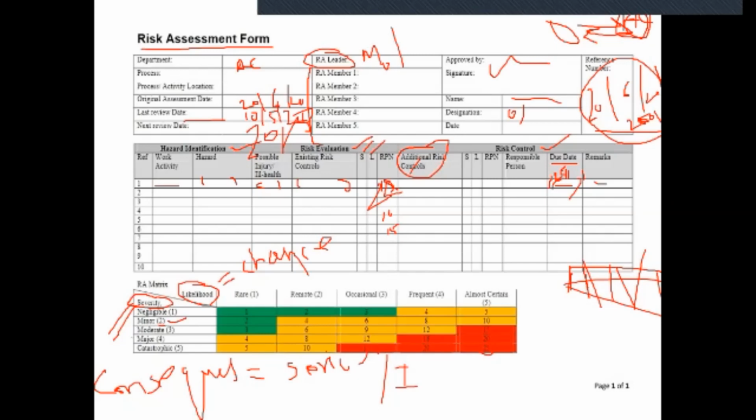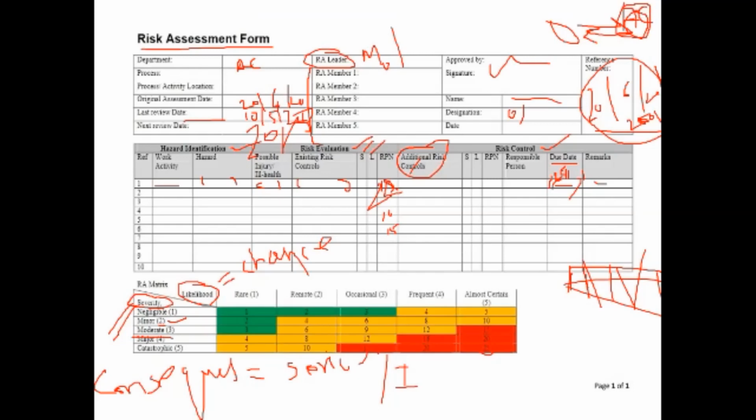Moderate means maybe one finger is cut. Major means maybe one hand. Catastrophic means maybe hospitalized for nearly 1 month or 5 months, or maybe even death. This is the category of catastrophic, a very high danger situation.